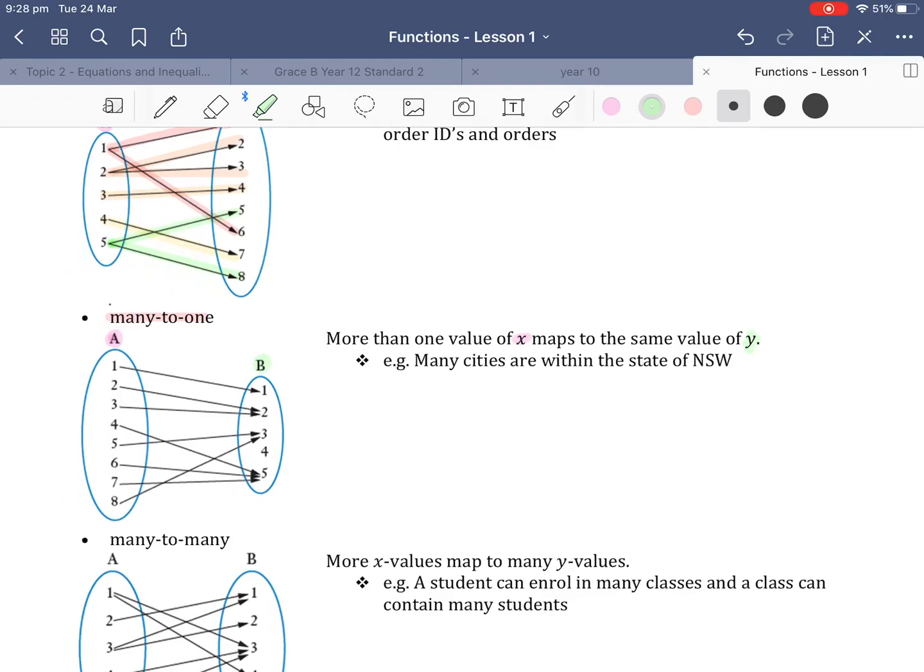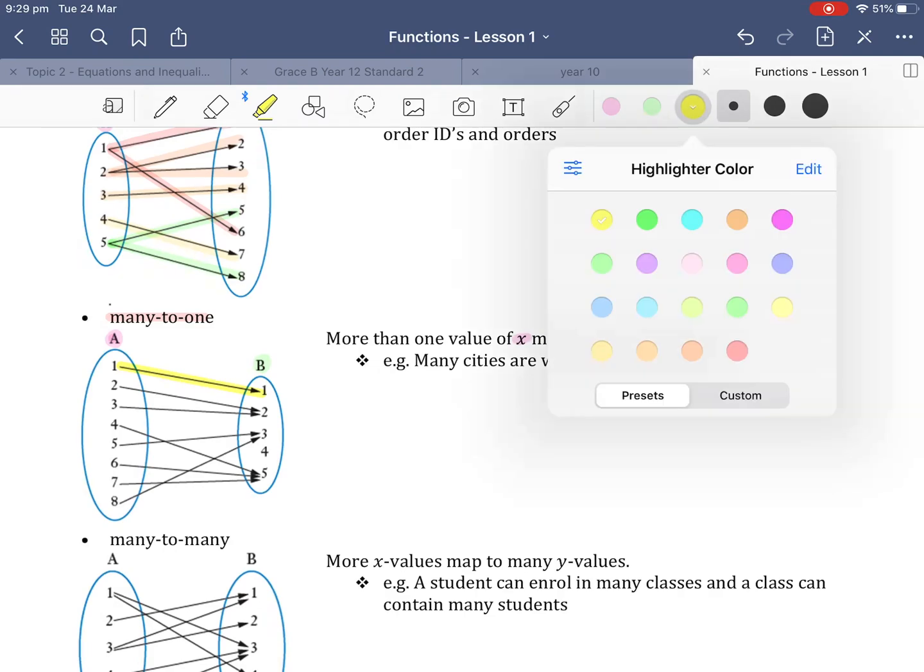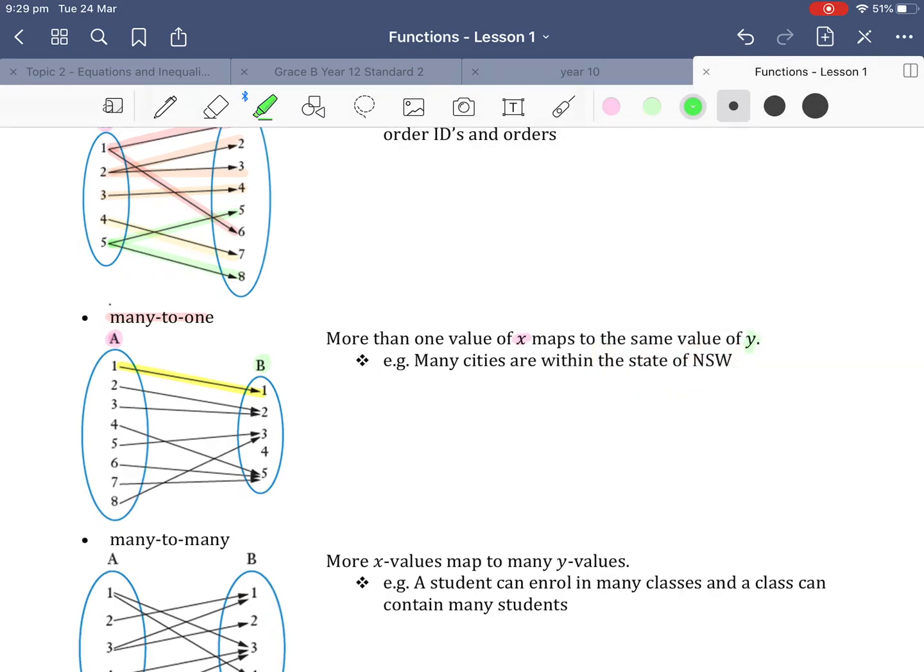So let's break this up. We have our x values as A, our y values are B. More than one value of x maps to the same value of y. If we look at this in some more detail, our first value of 1 maps to the y value of 1.